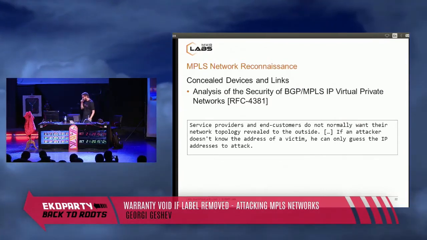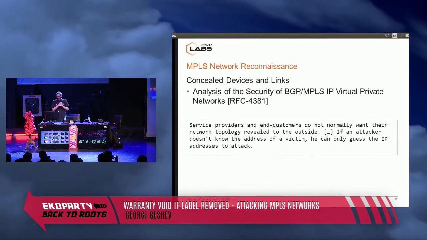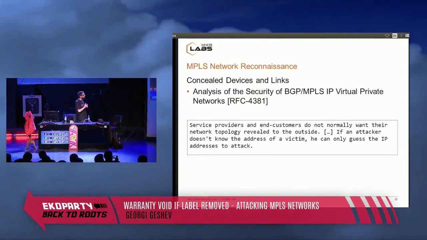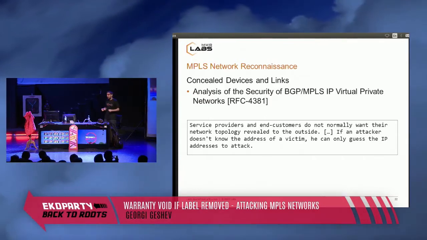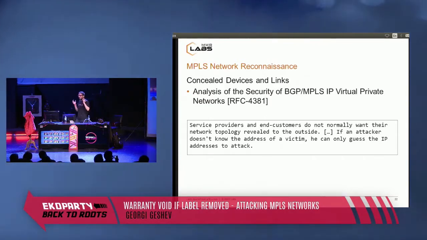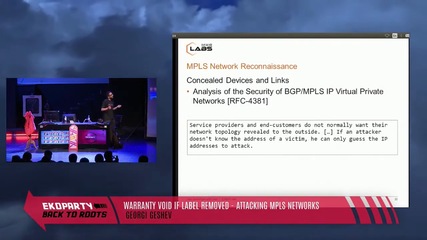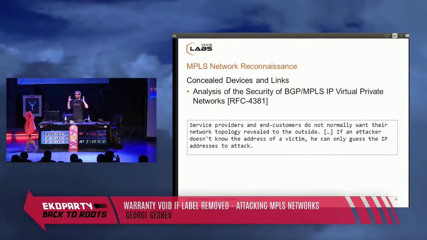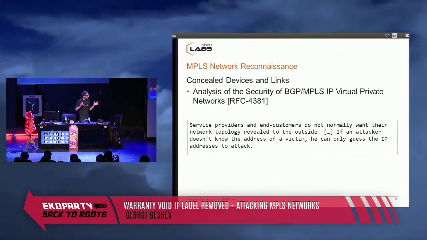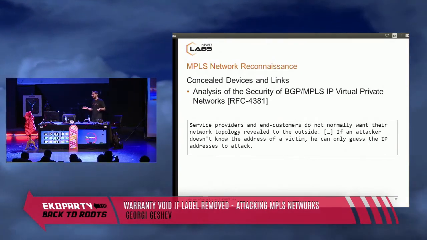Now, there is this interesting RFC called Analysis of the Security of BGP MPLS IP VPN Networks. And this basically tells us that it's a best practice to hide the MPLS infrastructure from the client. As I said, the MPLS domain should be fully transparent, and from a customer perspective, there should be no information leaked about this MPLS domain.